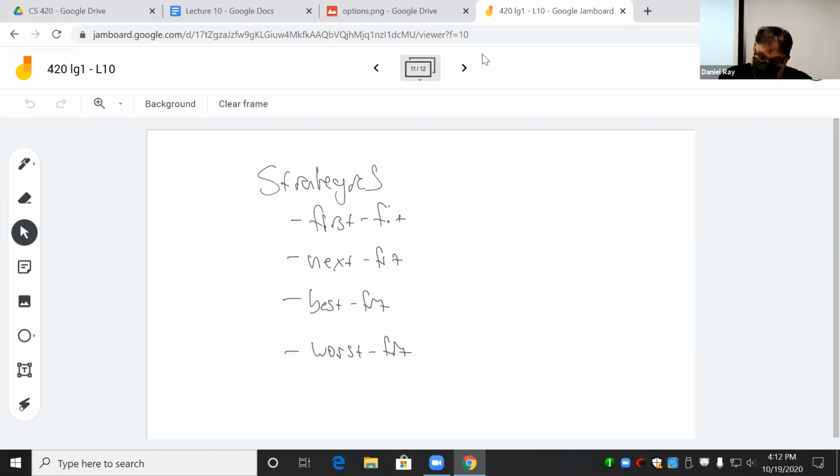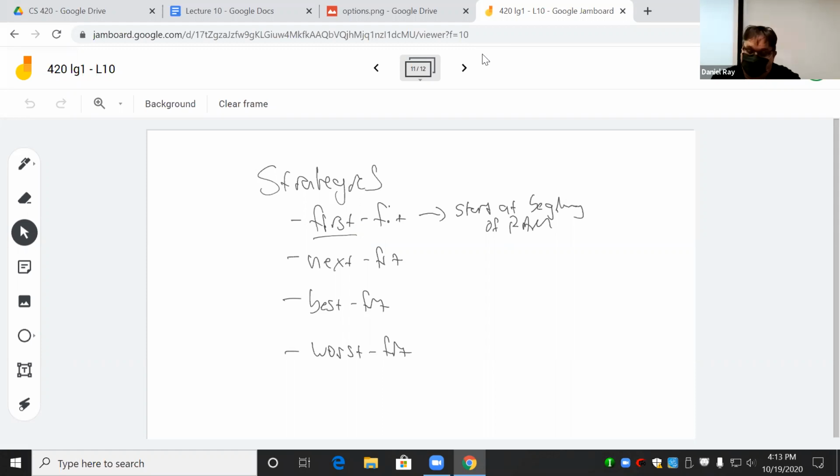First fit: start at the beginning of RAM and move, in my model, from left to right, but from low addresses to high addresses, from the beginning of memory to the end. Find the first hole that is equal to or larger than the load module that you're about to put in it. Okay?